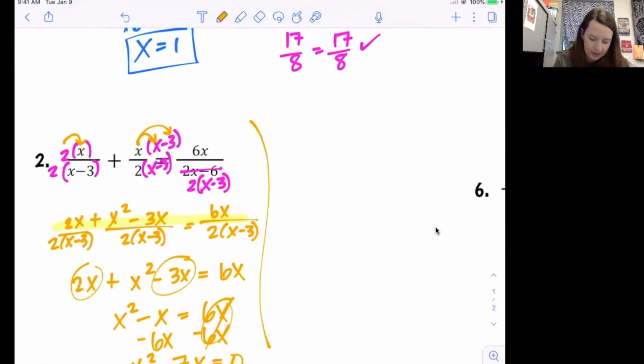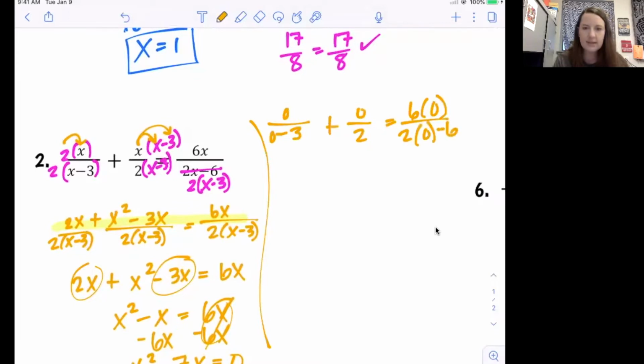I'm going to go ahead and check the 0 first. So I have 0 over 0 minus 3 plus 0 over 2 equals 6 times 0 over 2 times 0 minus 6. Okay, so I want to first off make sure that none of my denominators make a 0.